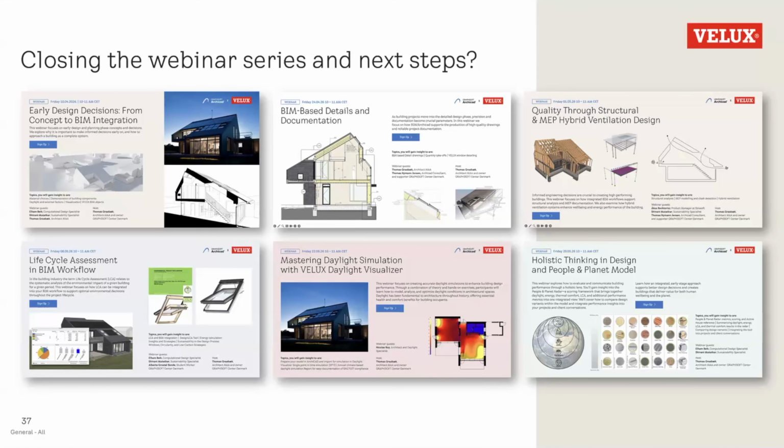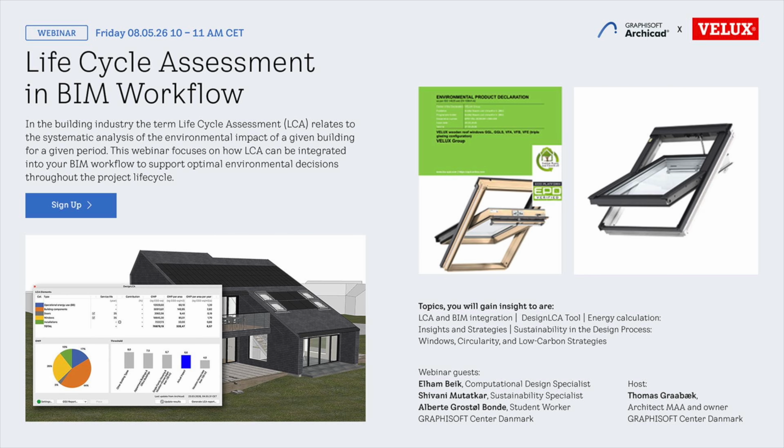The fourth webinar was about how to calculate LCA directly on the BIM project, and also diving down into how these EPDs work and how they describe the climate impact of real products.